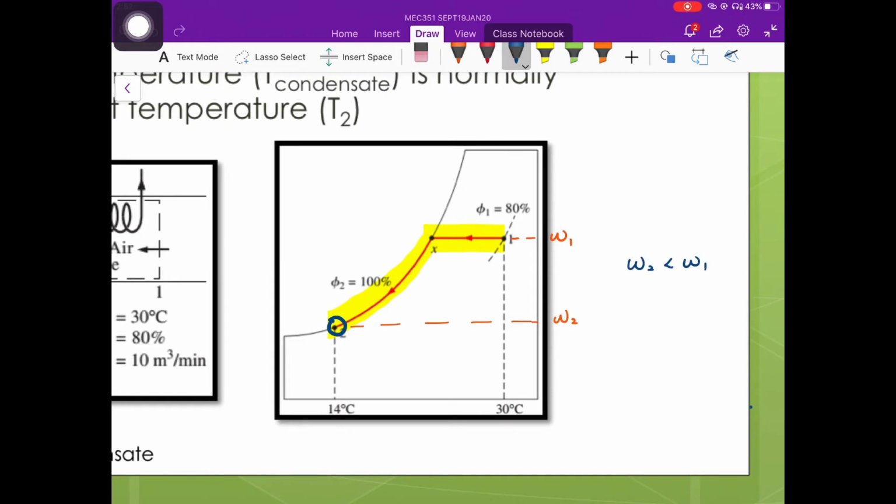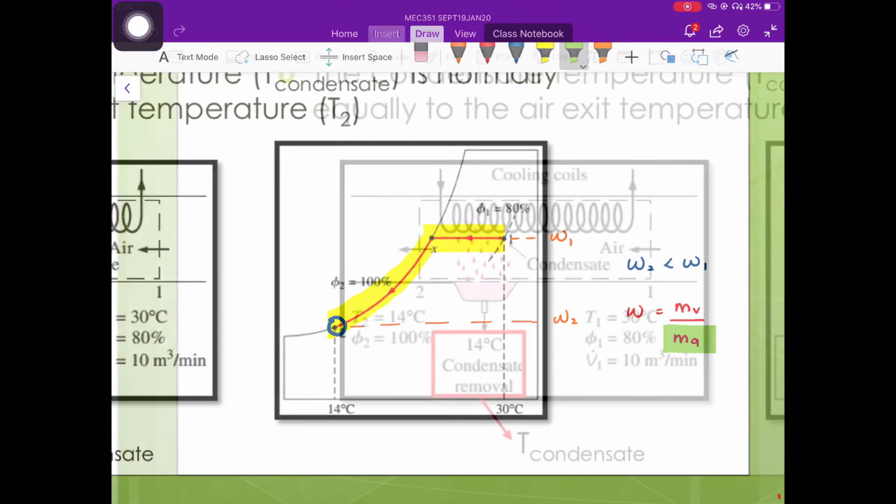The specific humidity at state 2 will be lesser than the specific humidity at state 1. We know that specific humidity is the ratio between the moisture content and the dry air, and usually the content of the dry air is constant.